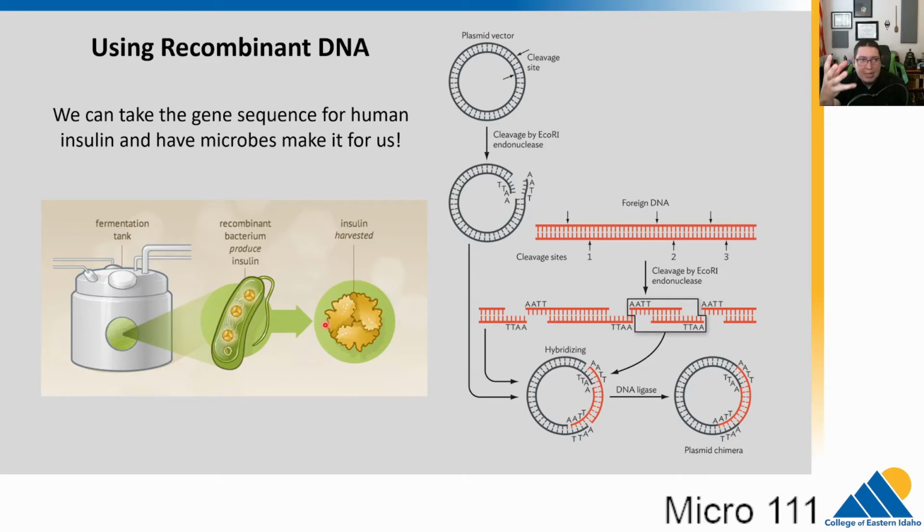And then we can take that insulin and harvest it. It's much easier to make, much cheaper, much safer, it's pure, it's identical in sequence to human insulin. And we're using microbes to make it instead of relying on going to the slaughterhouse to get it from animals. I think this is a perfect example of how recombinant DNA technology is so powerful in medicine.